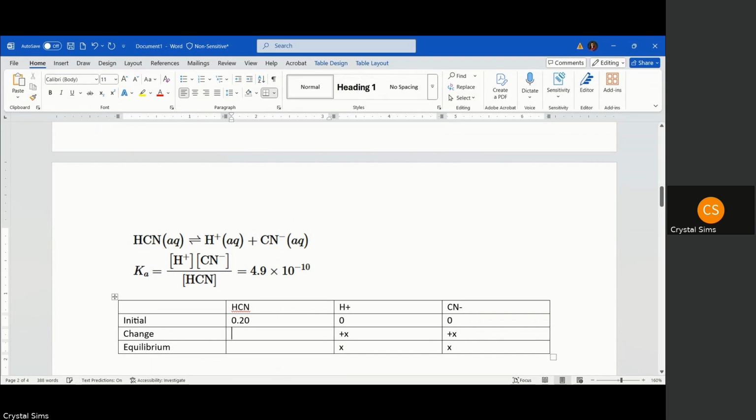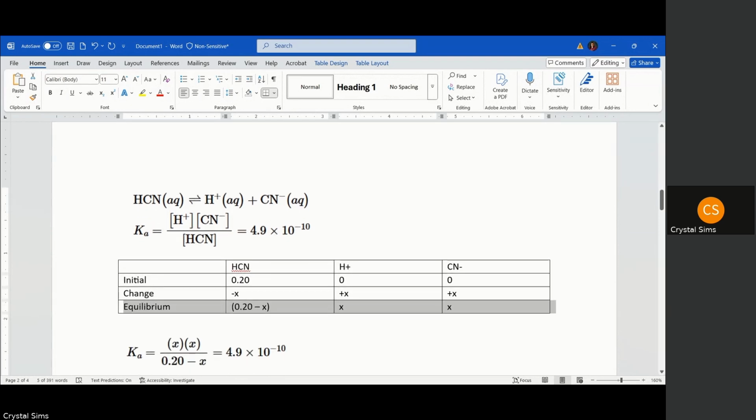And again, I'm going to change by some number so that here my equilibrium amount is going to be subtracted from my initial, which was 0.20. So I'm going to plug this row into my equation.